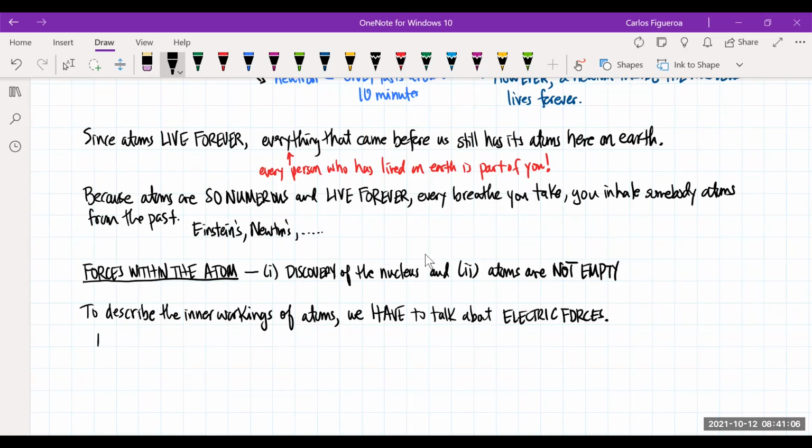So there are two types of electric charge. One of these is the proton. So we call this a positive charge, which is exactly the same as a proton.